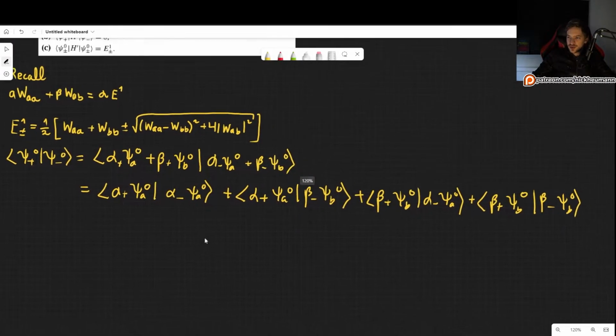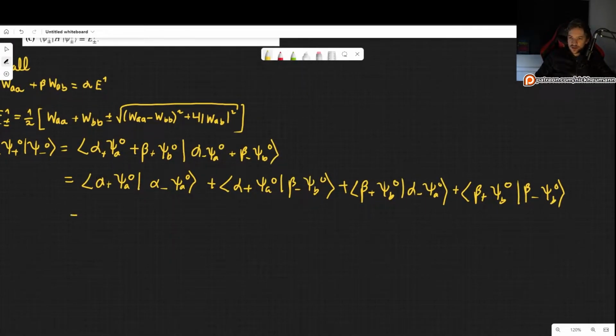Okay, now what we want to do is take out all of our constants. So basically here we take the alpha plus outside of the bra, so we take it as alpha plus conjugate, right? When we take it out of the bra, it is the conjugate. And then we get alpha minus, which we can simply take out because it is in the ket. And we end up with psi A 0, psi A 0. However, this is 1 because our states are normalized.